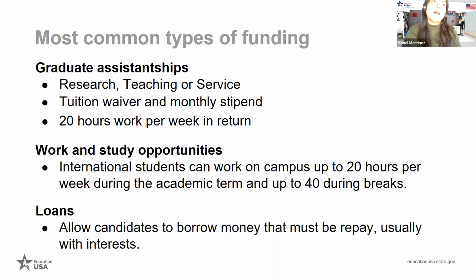The great benefit of this type of assistantship is that they provide you a tuition waiver and additionally a monthly stipend. So you're saving money, and at the same time you are gaining money. And the only thing that you have to do is work 20 hours per week in return. You will not pay the money back, but you have to work 20 hours per week.